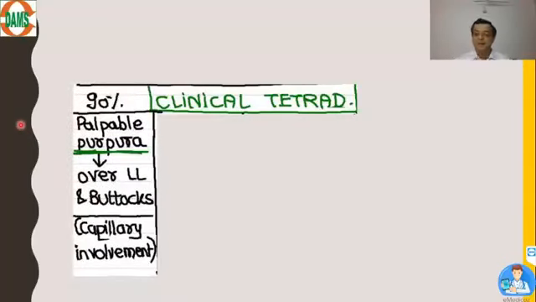First one, 90%. IgA nephropathy mimic. I'm coming to all those points. So, the clinical tetrad.